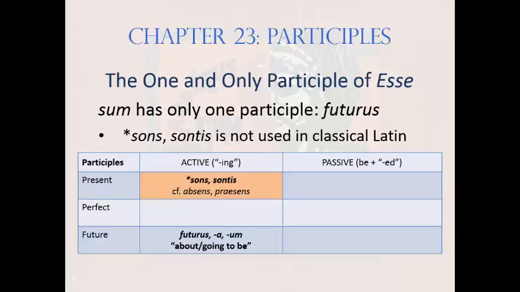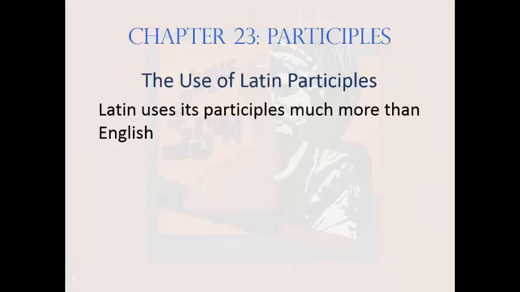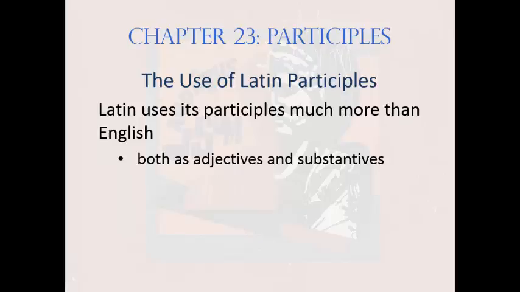Now let's address the use of participles in Latin, which happens considerably more often than in English. Simply put, the Romans used their participles a lot more than we do, both as adjectives and substantives, which is to be expected when an adjective's form naturally indicates number and gender.